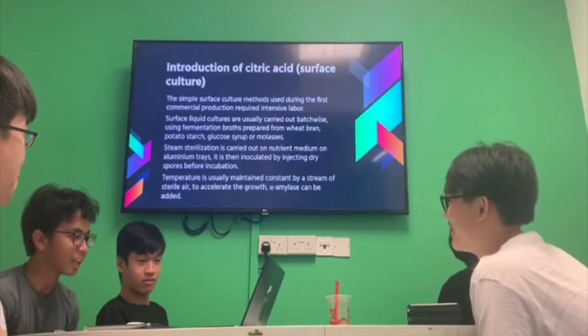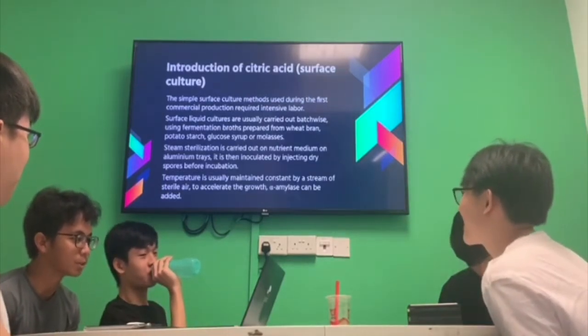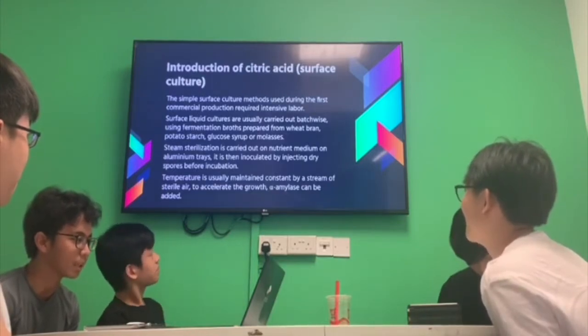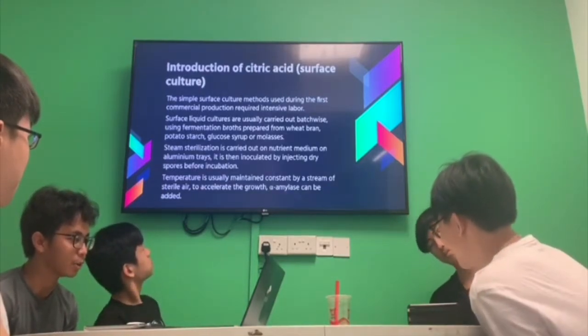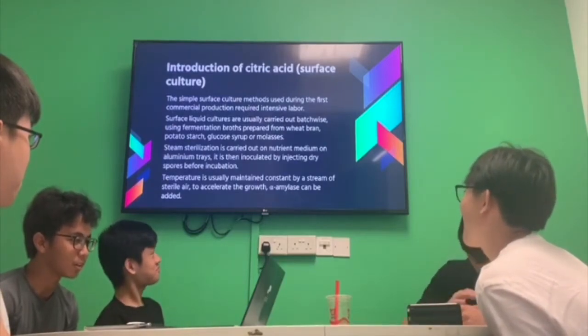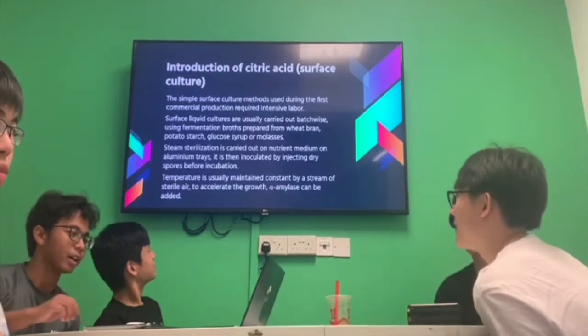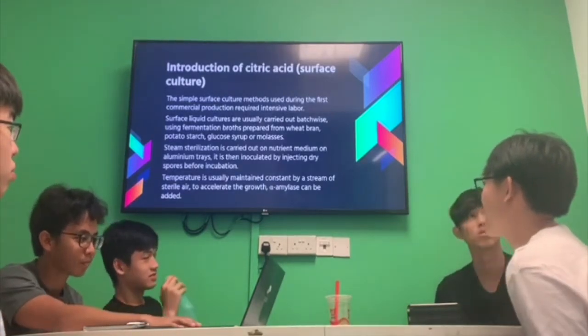Steam sterilization is carried out on nutrient medium on aluminum trays. It is then inoculated by injecting dry spores before incubation. Temperature is usually maintained constant by a stream of sterile air to accelerate the growth. Alpha amylase can be added.